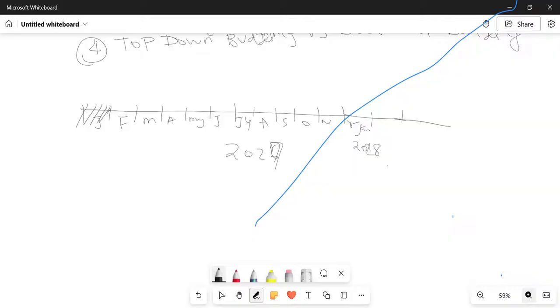Number two, time consuming. The last one requires frequent revisions. So meaning that it may need intensive labor. You may need a department which purely exists to be making whatever budgets like that.